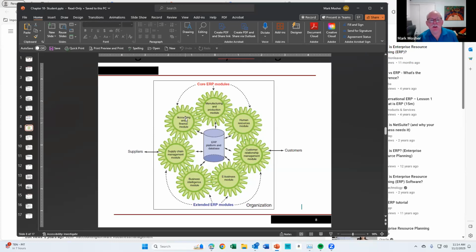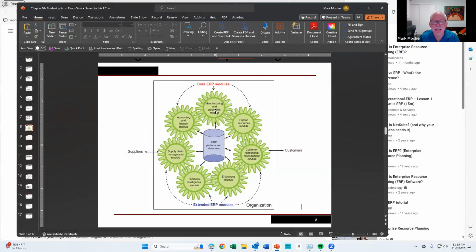And by the way, this is one of those things that the book does talk about: the ERP stuff kind of came out of the original manufacturing systems. Manufacturing was the first to use it, and it used to be called MRP, Manufacturing Resource Planning.